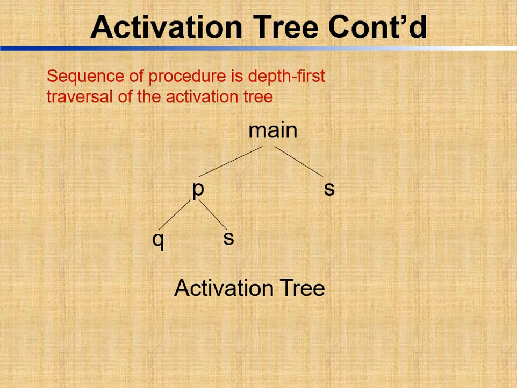We can show this with the help of an activation tree also. You can see this is the main function, and inside this main function two procedures P and S are called. In this procedure P, Q and S procedures have been called. So here we have created the activation tree, the sequence of procedures in depth first traversal of the activation tree.